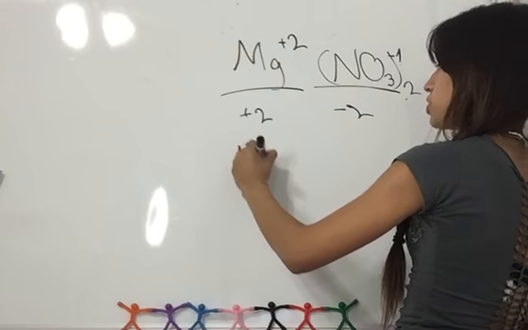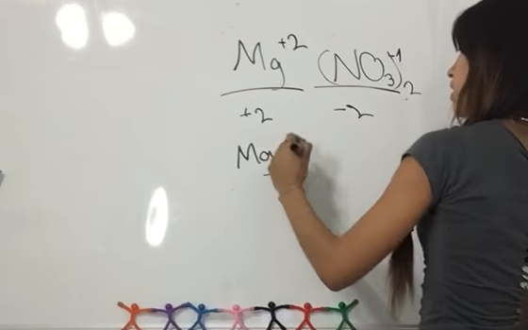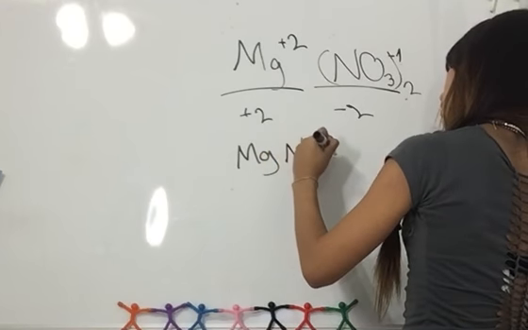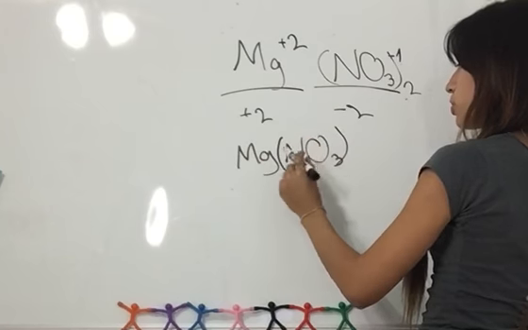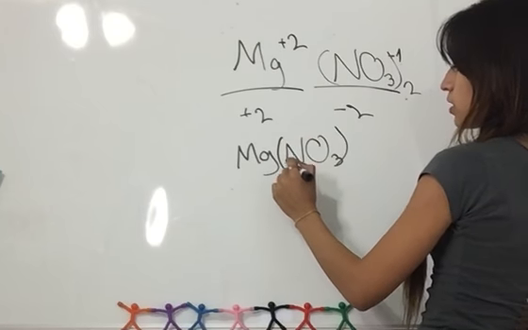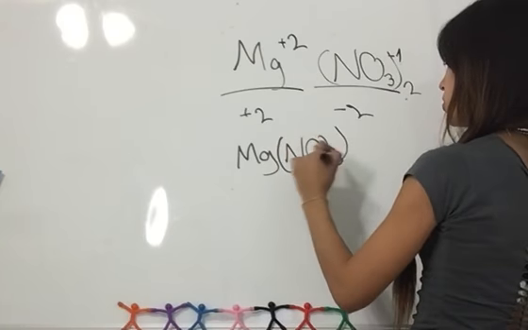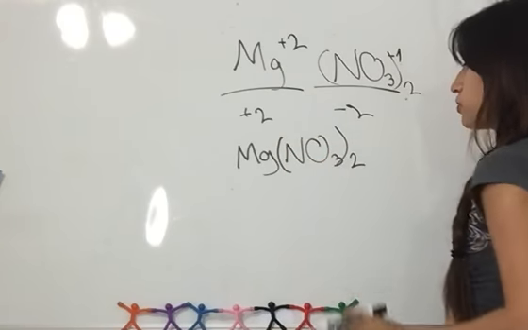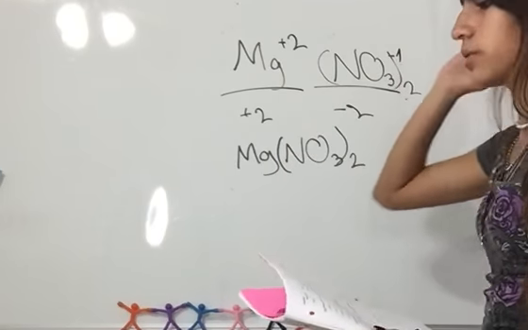So Mg, there's only 1 because you only really need 1. And then NO3. And since there's 2, you would have to put parentheses signifying that all of this, NO3, is just one thing. NO3 in parentheses, and then you put the subscript for 2. And that is magnesium nitrate.